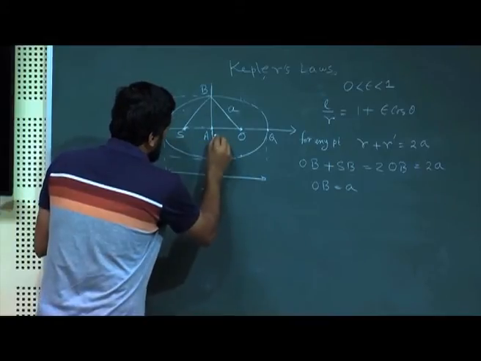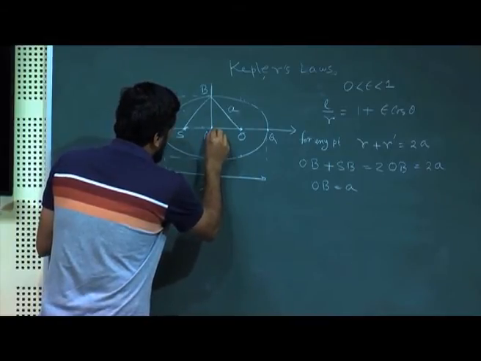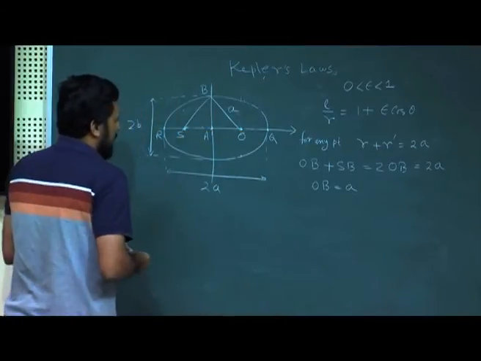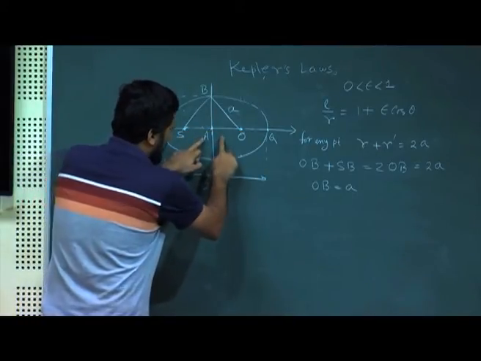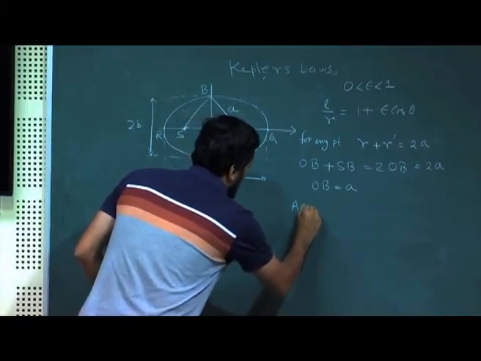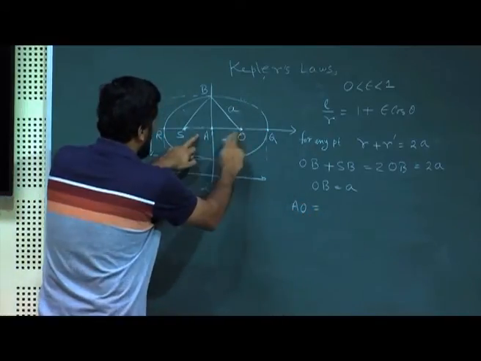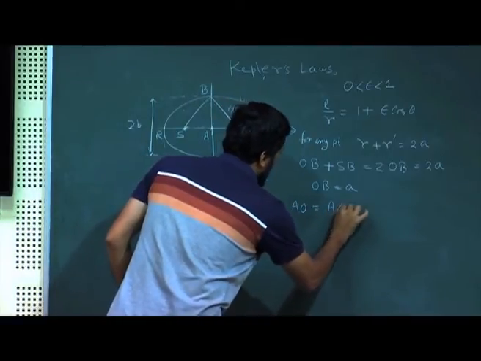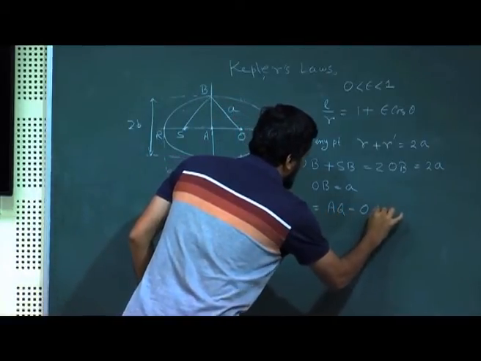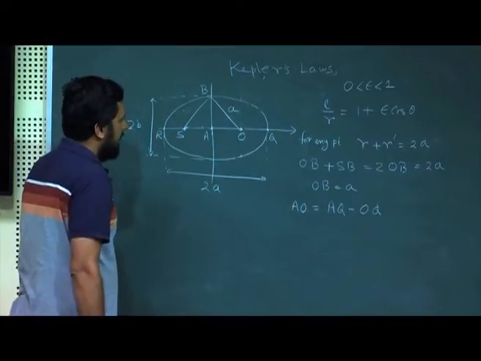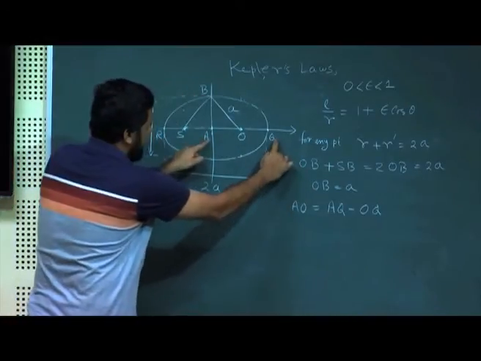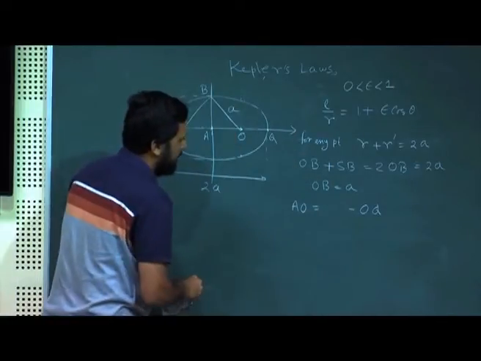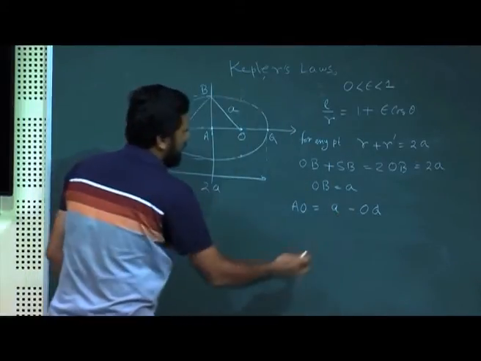Now, this length segment OA, AO, okay. So, AO is equal to AQ minus OQ, right. AQ is nothing but this length, which is once again equal to A. So, we replace it with A. And what is OQ?